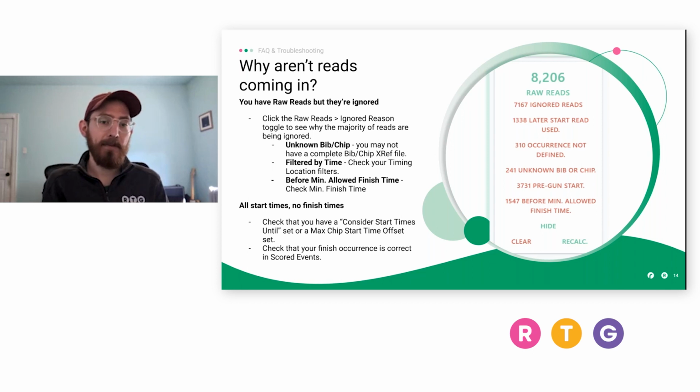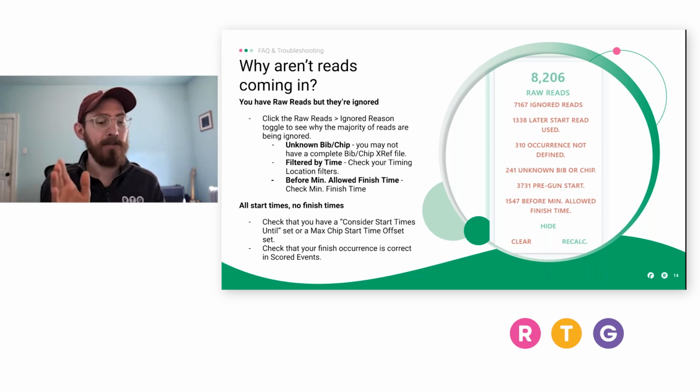It means that either you don't have participants, maybe you're doing a local race and you forgot to import the participant data. It's a possibility. More commonly, what happens is you have maybe one chip cross-reference, but it doesn't cover all of your participants. Sometimes someone accidentally enters a bib chip cross-reference.